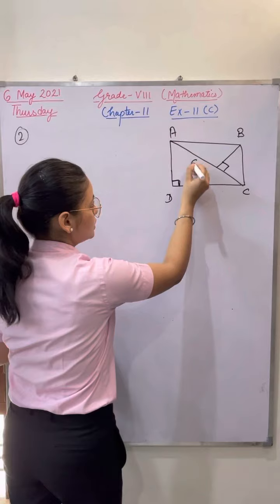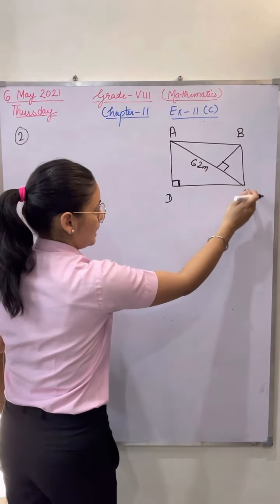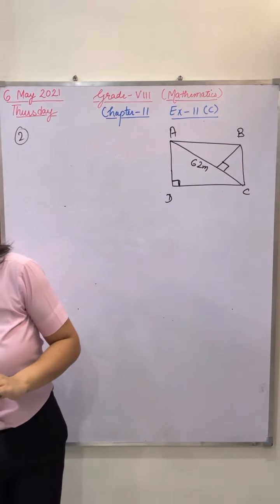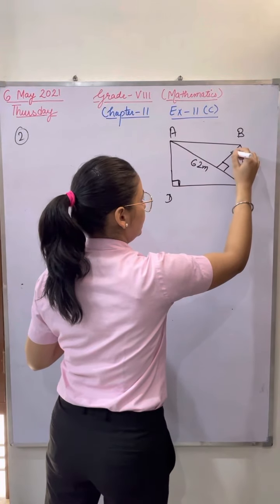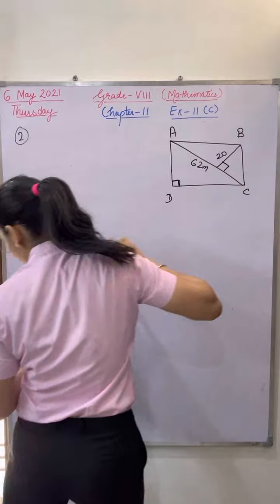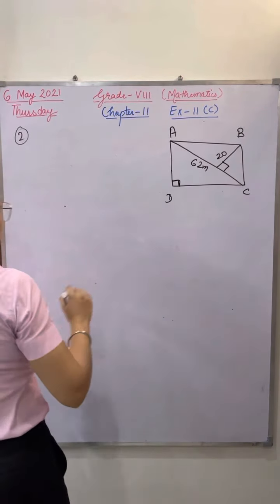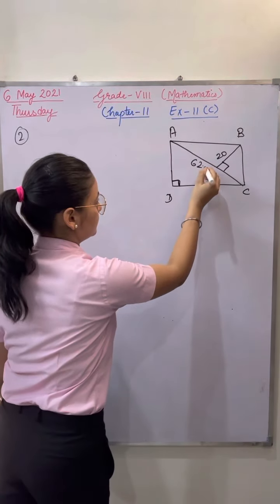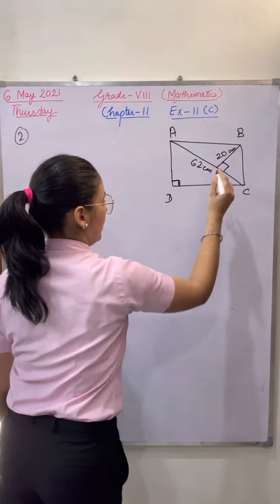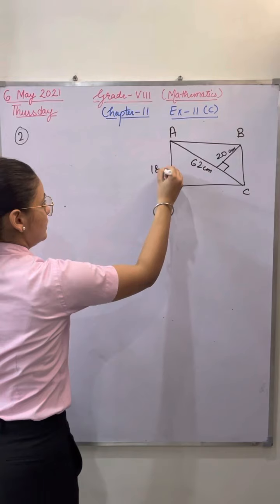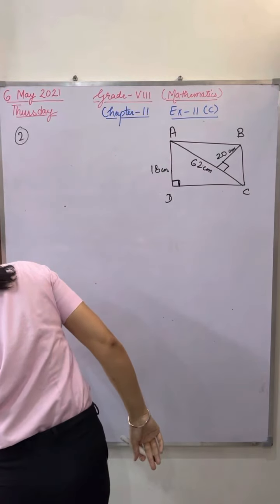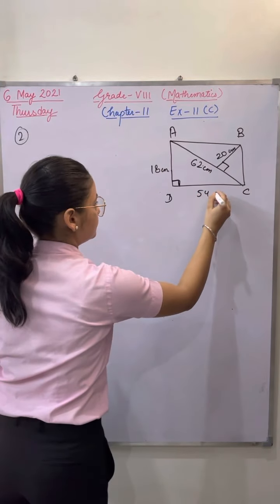This complete side is 62 meter. And this side is 20, 20 meter or centimeter? Sorry, it is in centimeter. Please mention the units properly. In this triangle, this is 18 centimeter and this base is given as 54 centimeter.